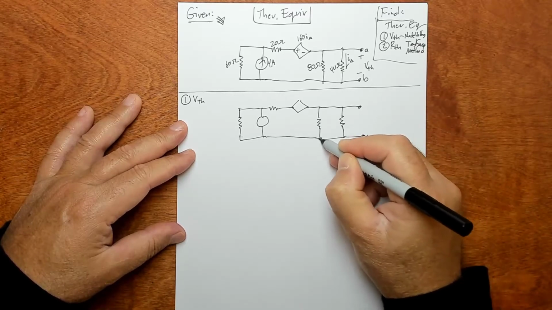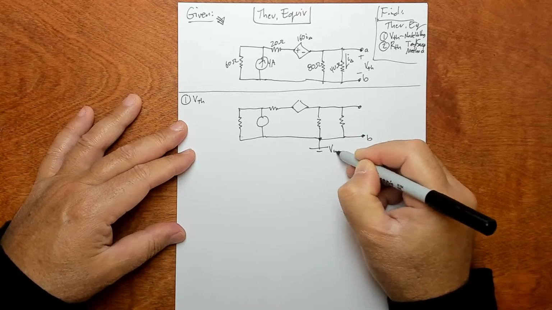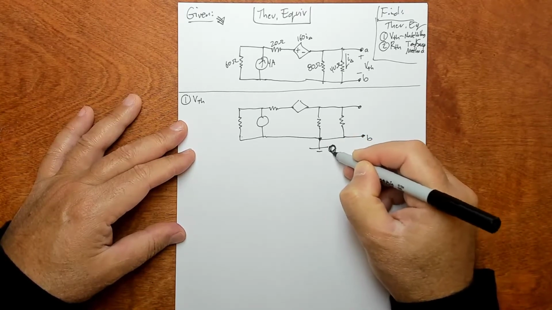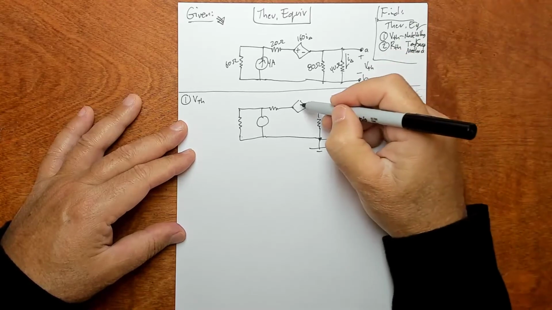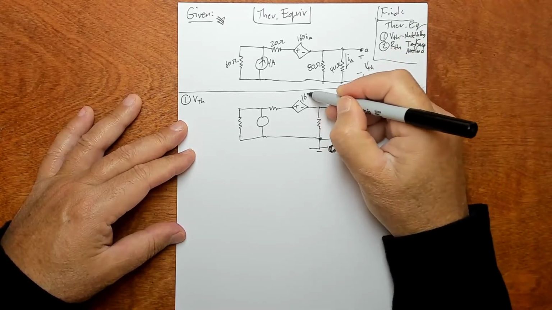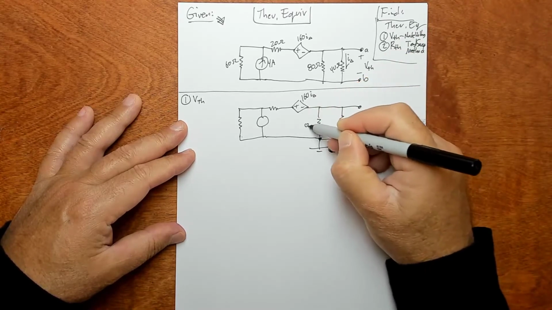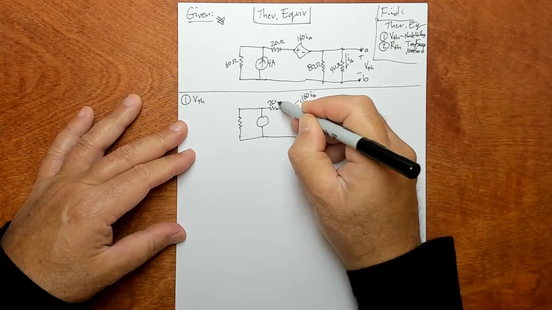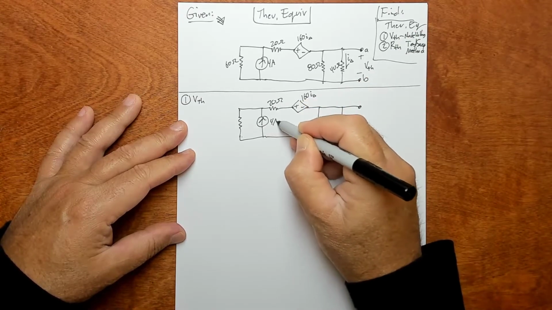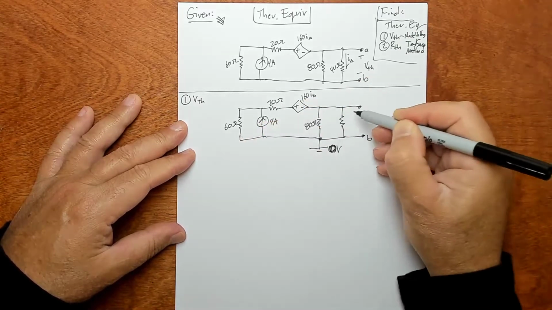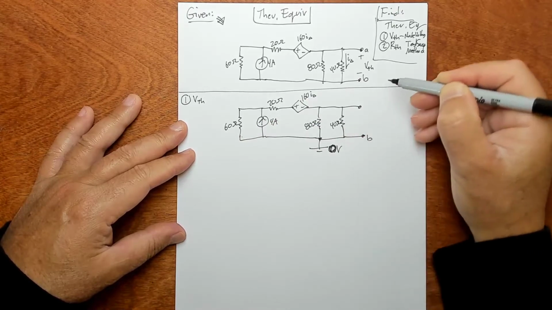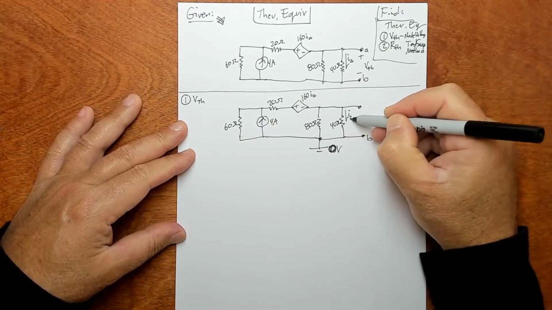All right, down here at the bottom is V0, or rather 0 volts. And up here, so you've got to label all these guys. Let's see, 80 ohms, 20 ohms, 4 amps, 60 ohms. What's this one? 40 ohms. This is I delta.